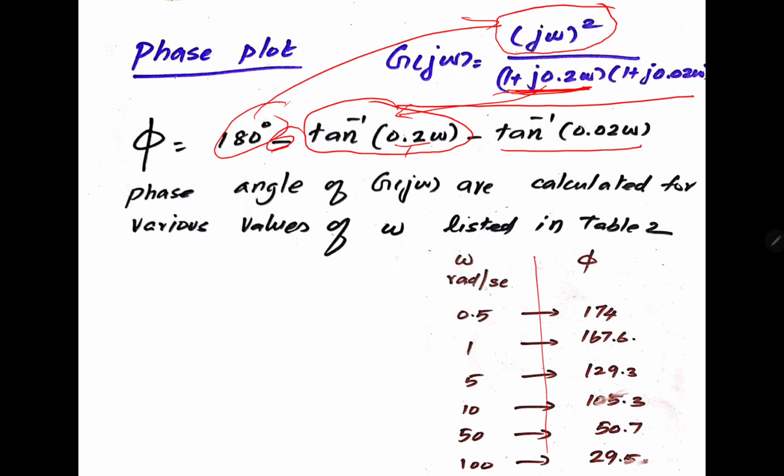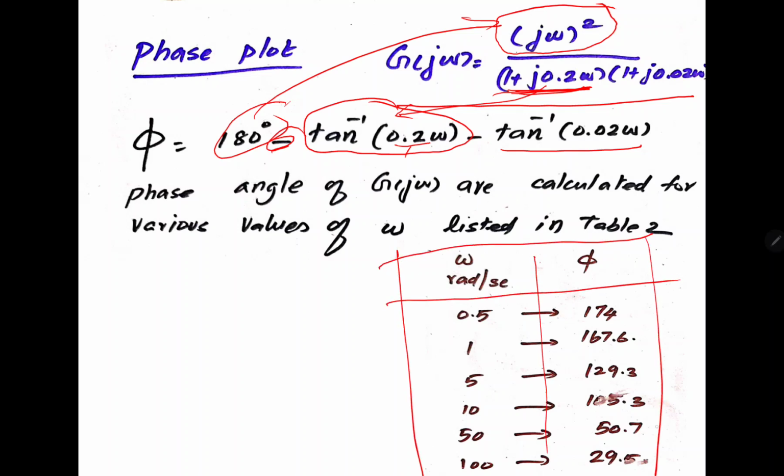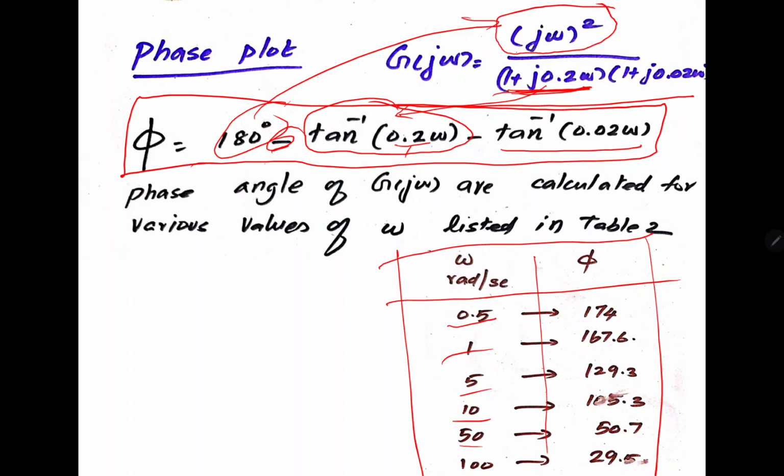So we are forming a table, and here we are going to list the frequency and the phase angle. Omega is equal to 0.5, 1, 5, 10, 50, 100. For that we are going to find the phase angle. For 0.5 radians per second, we substitute 0.5 in this equation and find the value of the phase angle.